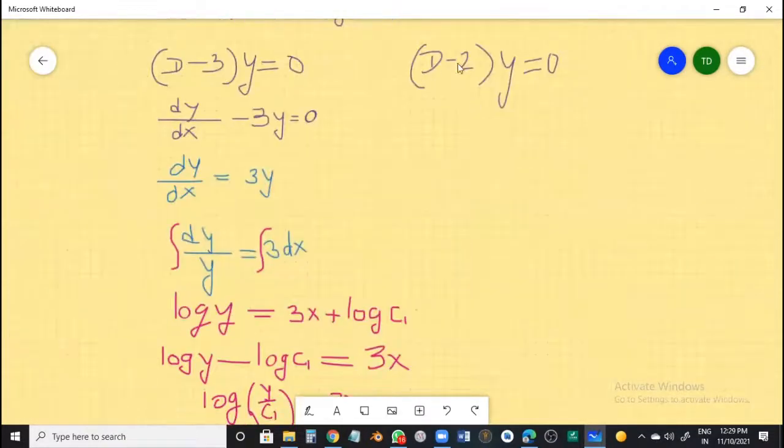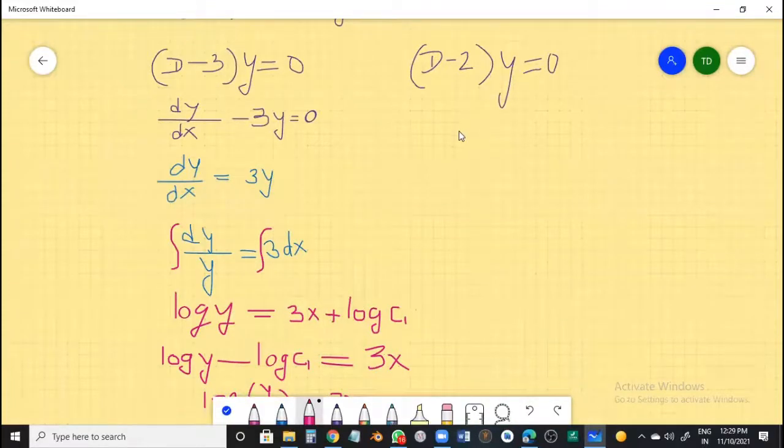Similarly, if I solve (D minus 2) operated on y equal to 0, what I'll get? y is equal to some constant, let us label it C2, second constant, times e raised to 2x.